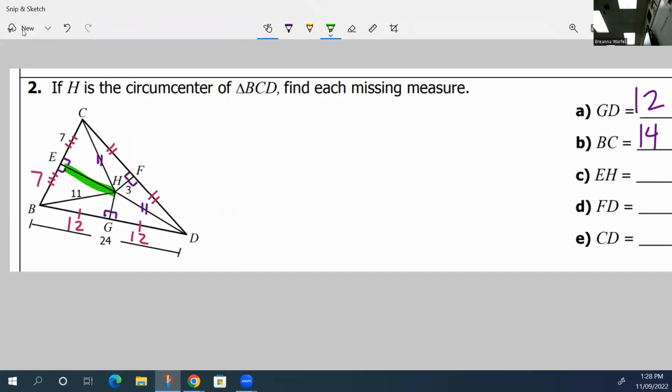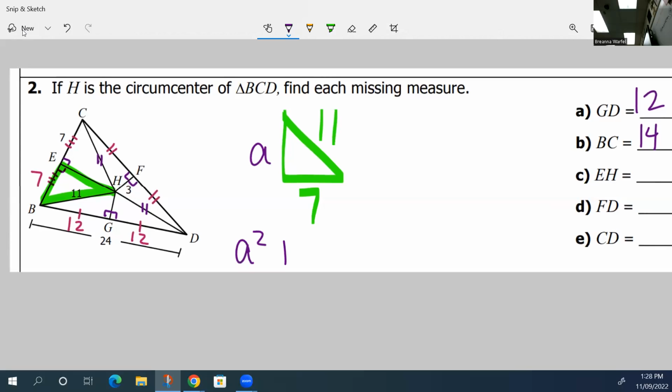we don't have that side, so we're going to have to find this side. And if you look there, you have your right triangle, you have the bottom, and the hypotenuse is 11. So then you're going to solve for your missing side. I'm going to label it A, and you're going to use your Pythagorean theorem. A squared plus B squared equals C squared. A squared plus 7 squared is equal to 11 squared.